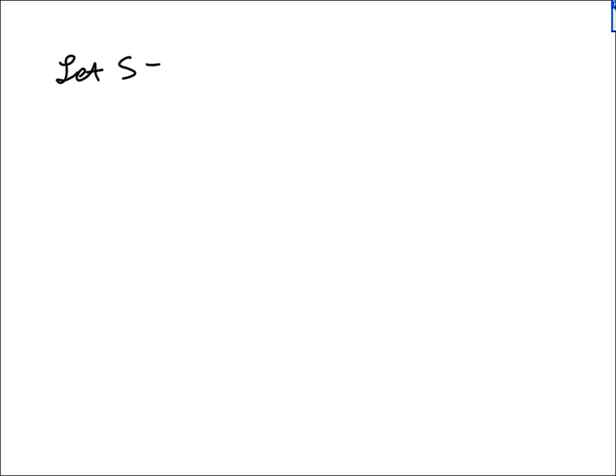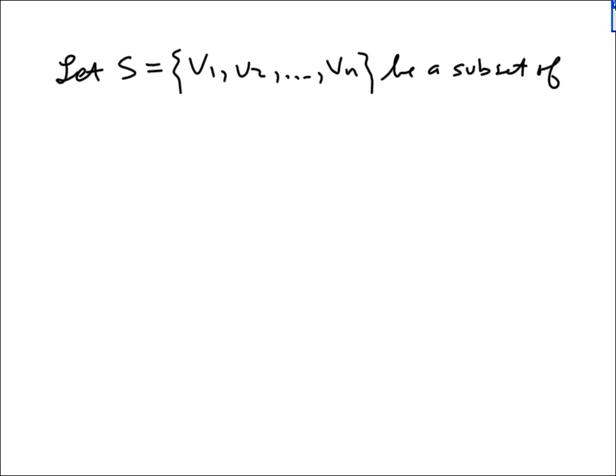So let S be the set of vectors v1, v2, all the way up to vn, be a subset of vectors in the vector space.